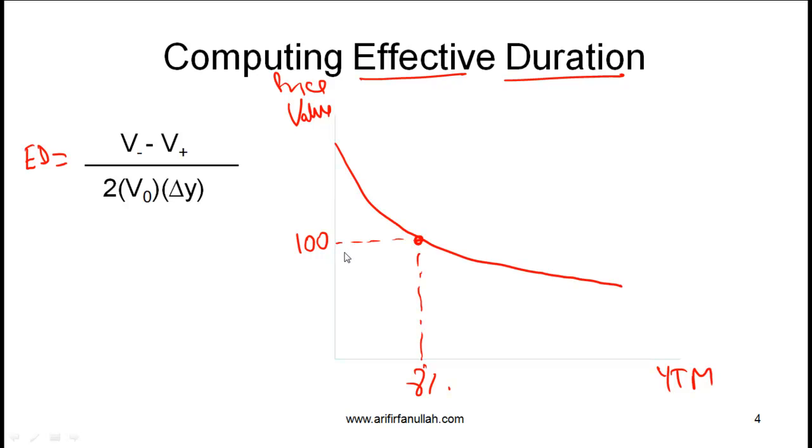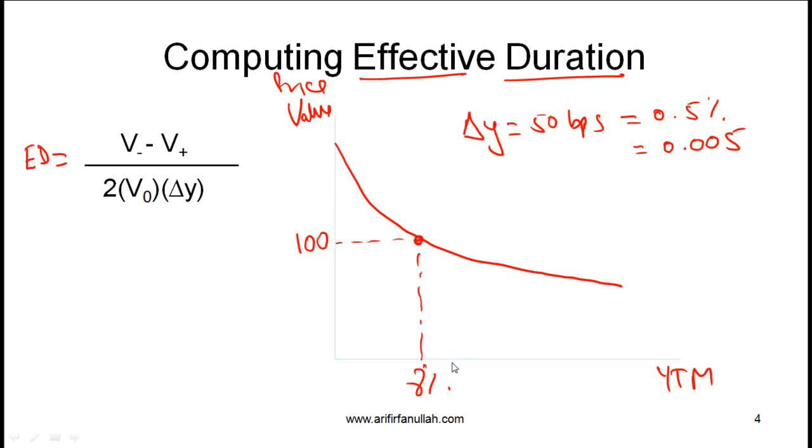The way we calculate effective duration is, let's say that we increase interest rates by 50 basis points. So what that means is delta y is equal to 50 basis points. 50 basis points, remember, is equal to 0.5%, which is equal to 0.005.